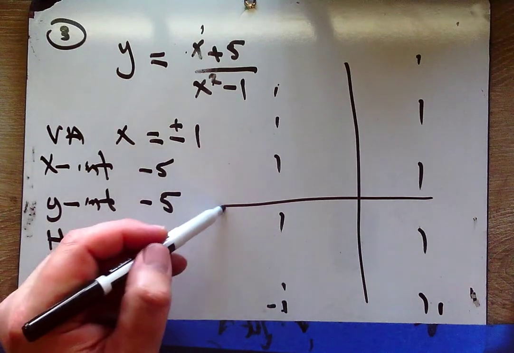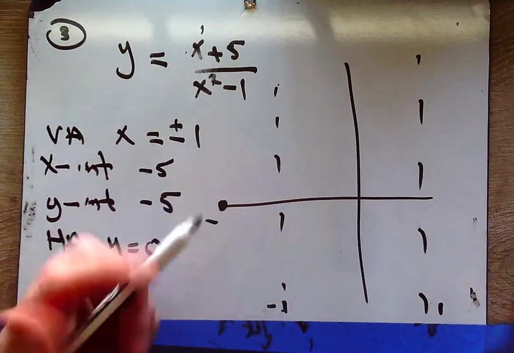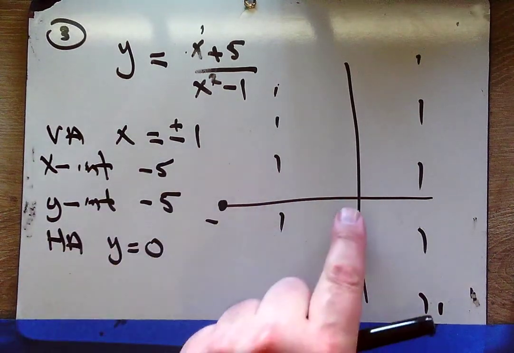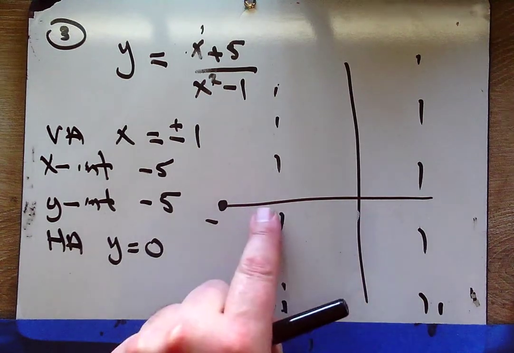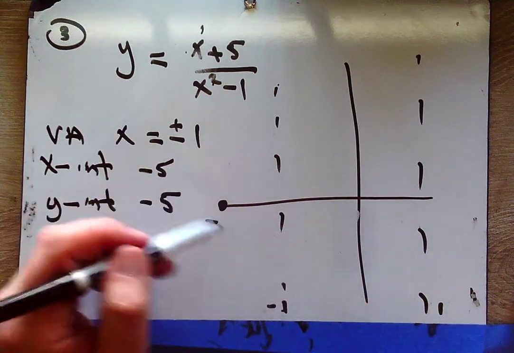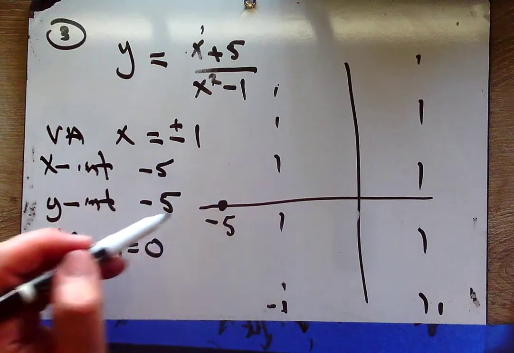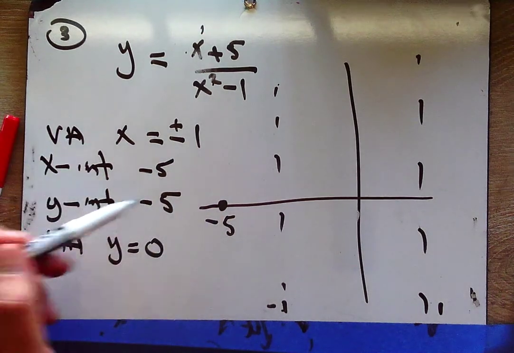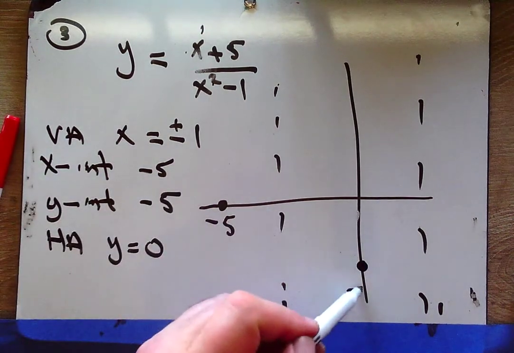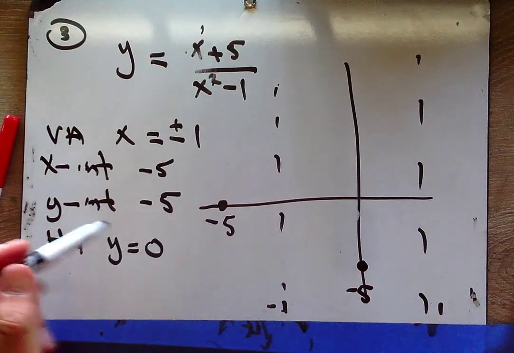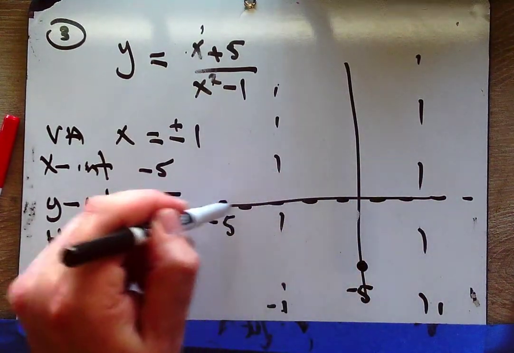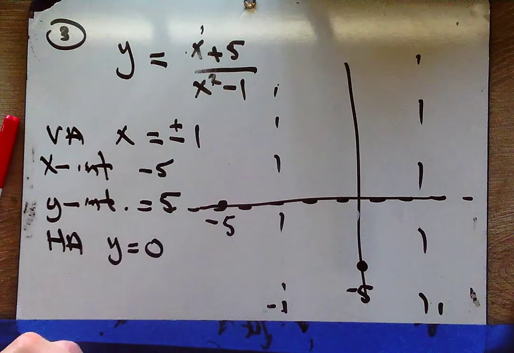Well, if this is -1, -5's got to be to the left. Yes, I know it's not to scale, but that can't be 1 if that's 4 more. But shh, don't tell. Okay, and a y-intercept of -5. Horizontal asymptote at 0.